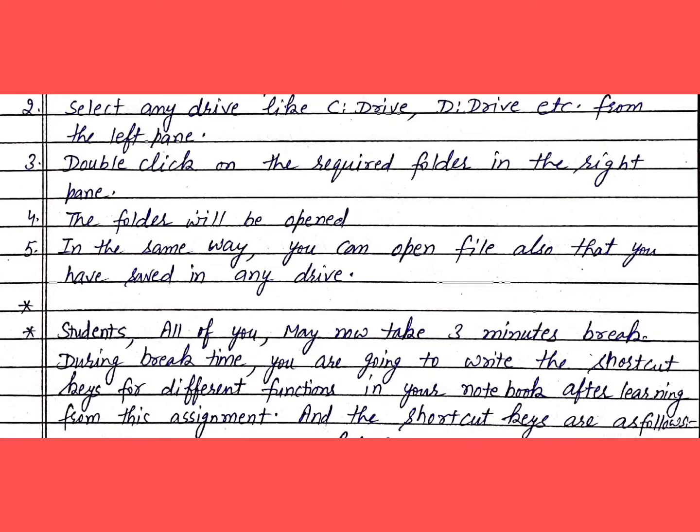Step 3. Double-click on the required folder in the right pane. Step 4. The folder will be opened. Step 5. In the same way, you can open a file also that you have saved in any drive.